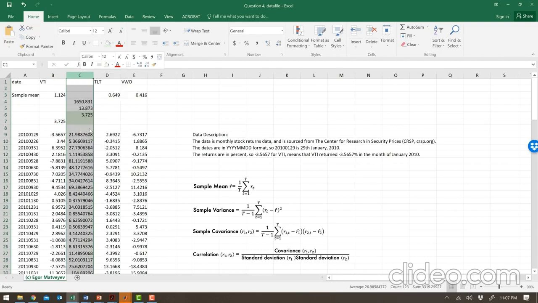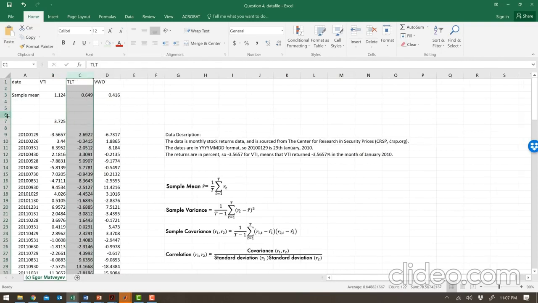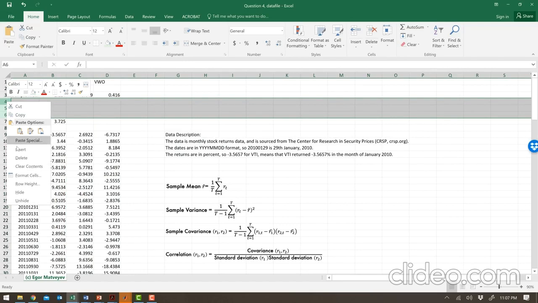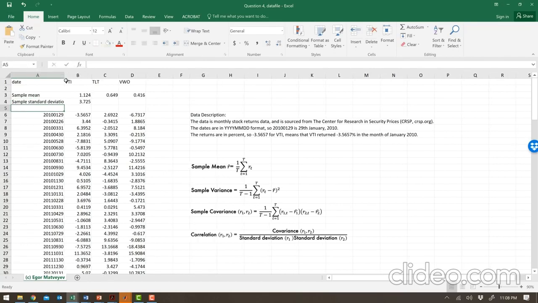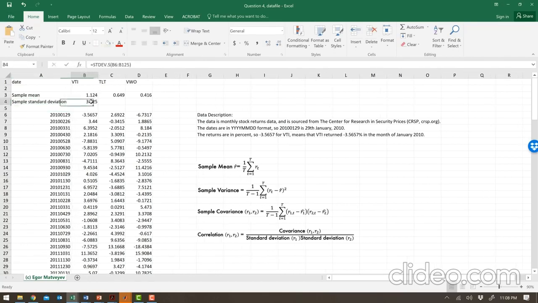Now we can just directly use this function for the rest of the ETFs. So I will say this is sample standard deviation. And since we computed this for VTI, we can extend this to compute it for the other two ETFs.